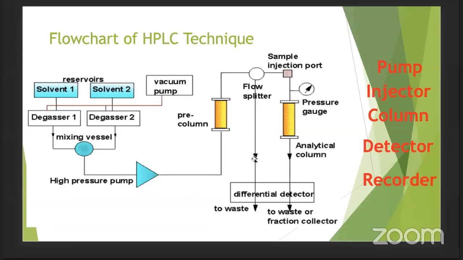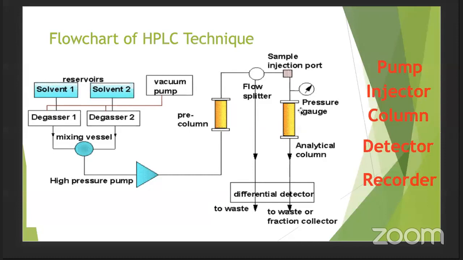Why I'm talking about back pressure is because HPLC is an instrument that is very frequently used. So when you put a new column, the new column is completely clean, and hence the pressure that you applied easily leaks out, and this situation is called low back pressure.